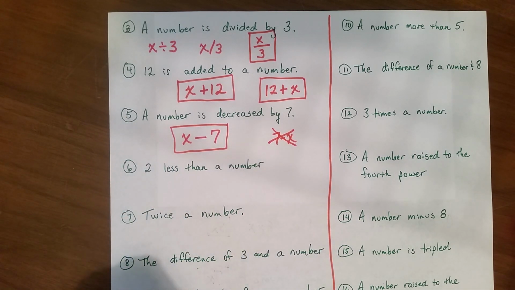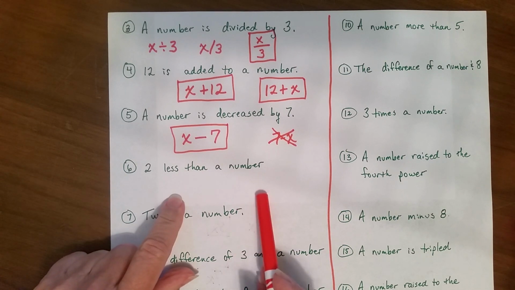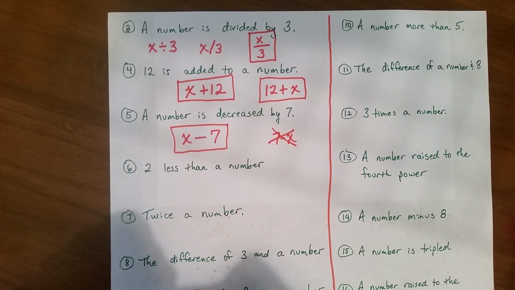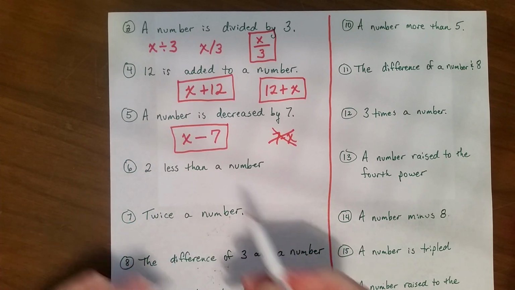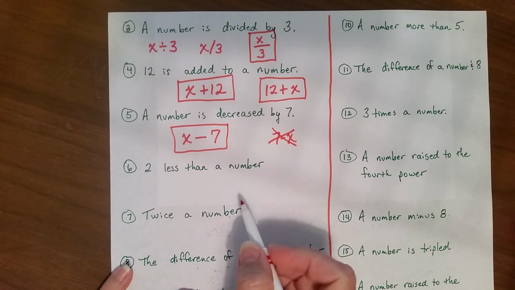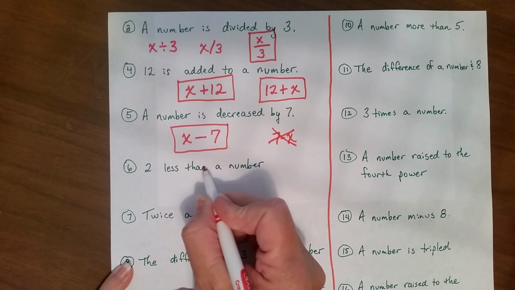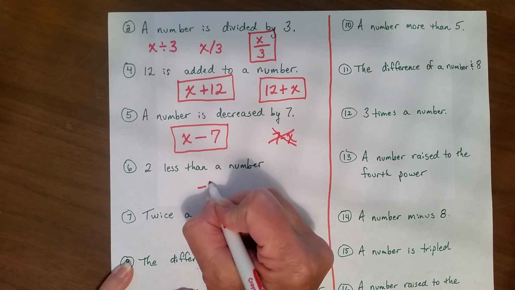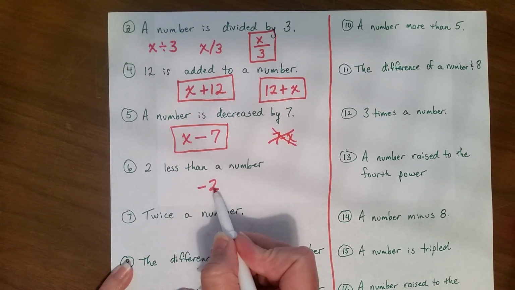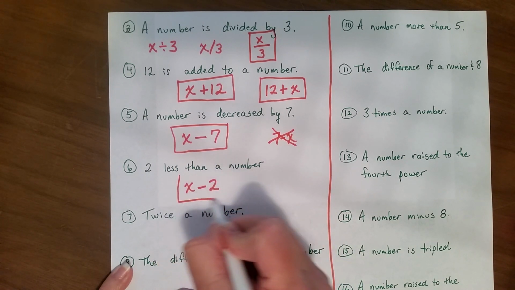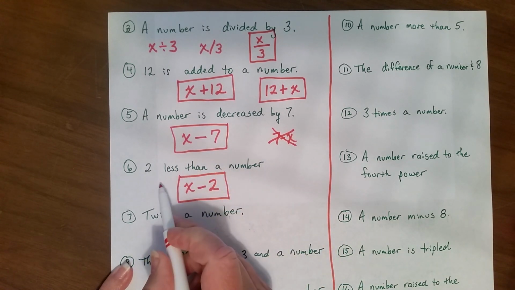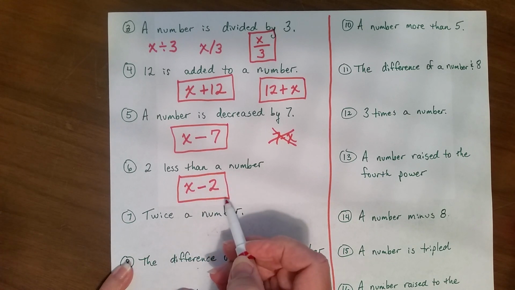Okay, the next one is 2 less than a number. It says 2 less than something, so I'm going to start with that. 2 less than what? 2 less than a number. So that is going to look like that. 2 less than a number.